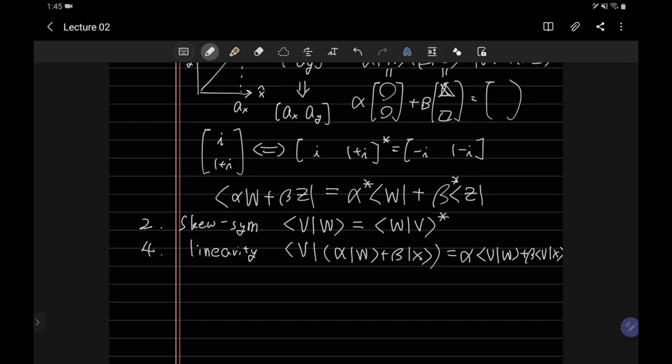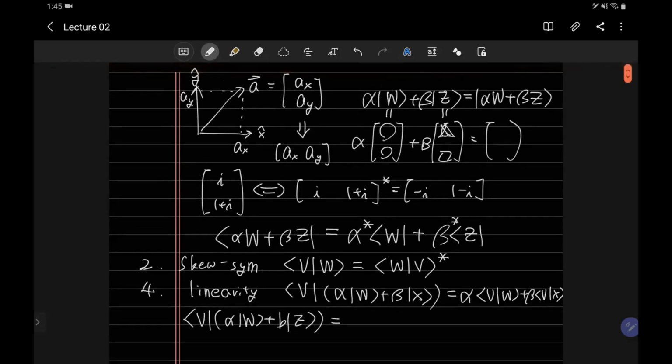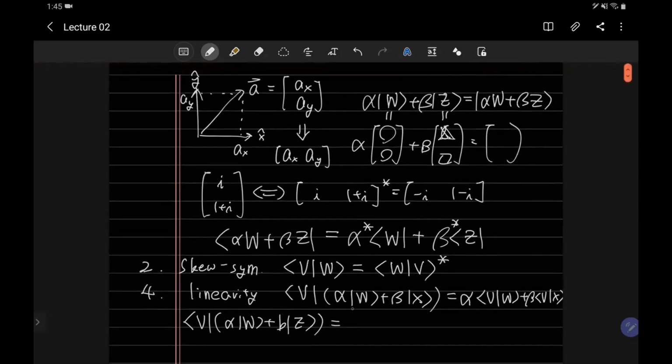The proof goes in the following way. The first thing is that from this linearity, V with (a W plus b Z), because we decided to use this kind of notation, can also be rewritten as (V, aW plus bZ).